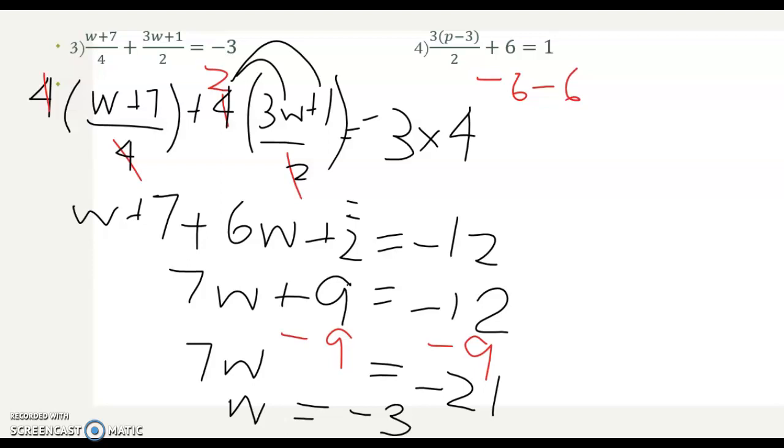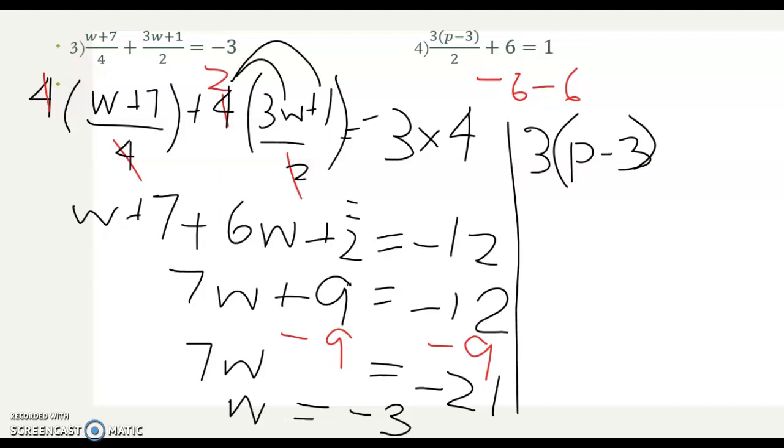So you would end up with 3p minus 3 over 2. Now the 6s have gone away because I've subtracted it, and I got 1 take away 6 on the right-hand side, which is negative 5.